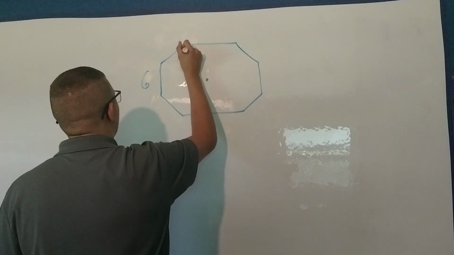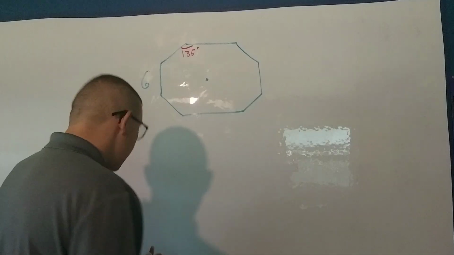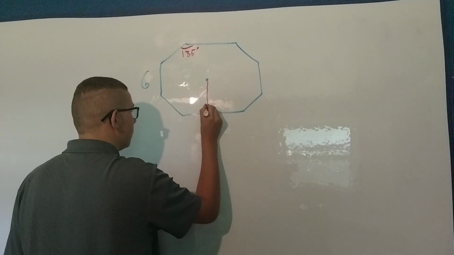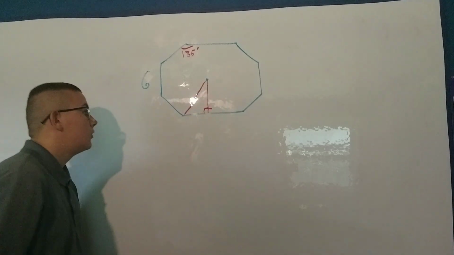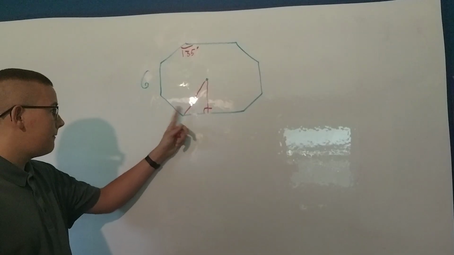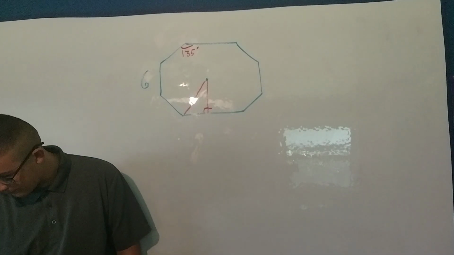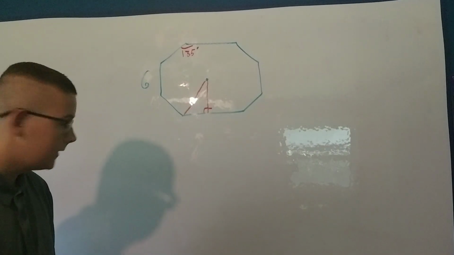So this is 135 degrees. And with that, we can draw our apothem and the radius here. Again, this angle is going to be half of the total. The total is 135, so half of 135 is 67.5.